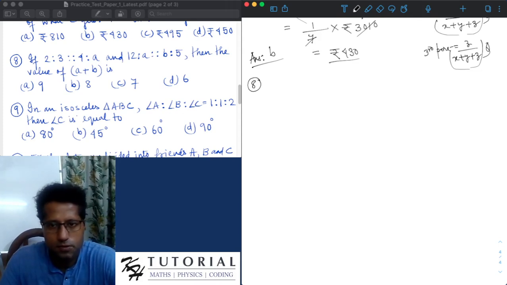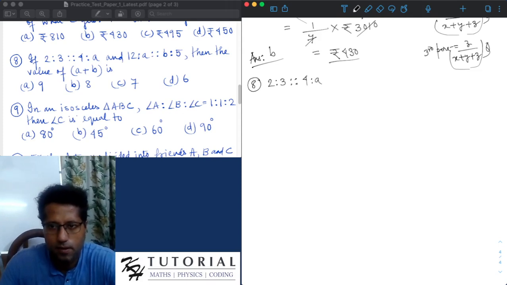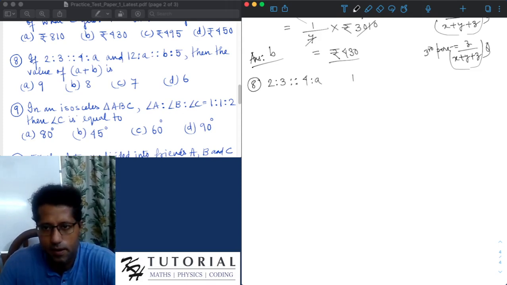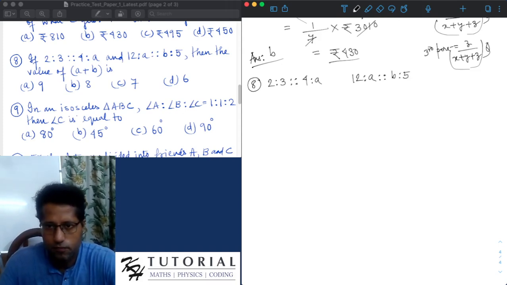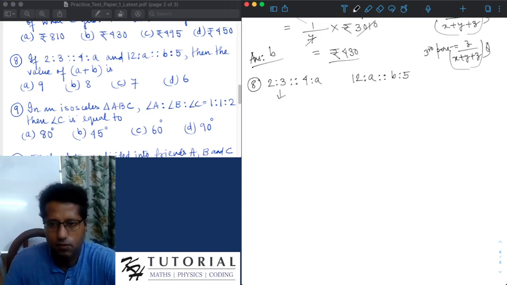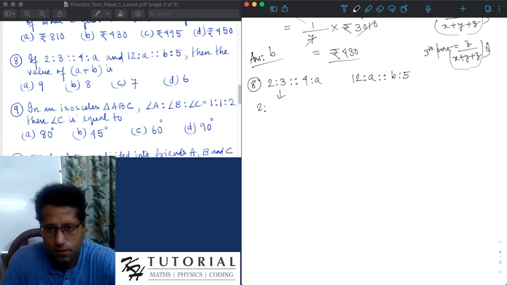Okay, so it is given that 2 is to 3 is in proportion with 4 is to a, and it is also given that 12 is to a is in proportion with b is to 5. Now from this we can definitely find out what a is. So 2 is to 3 is equal to 4 is to a.